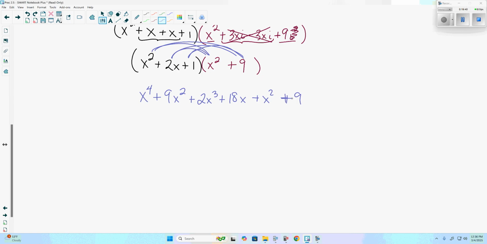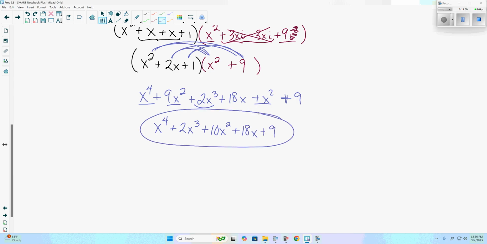And if we combine like terms, x to the 4th has no like terms. X cubed doesn't have any like terms. X squared does have like terms. X doesn't and 9 doesn't.